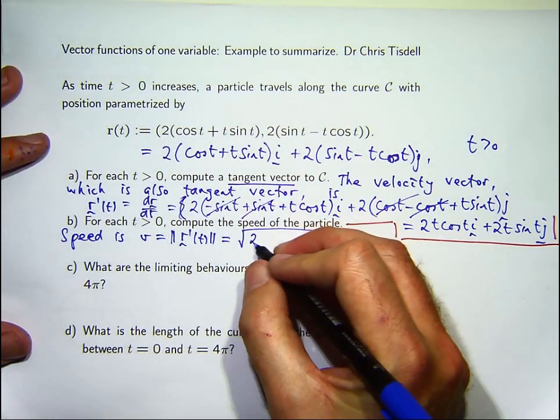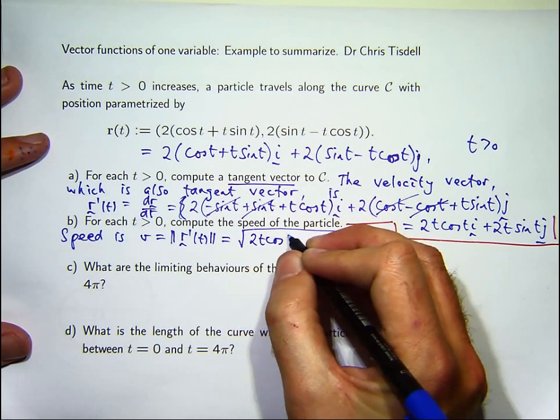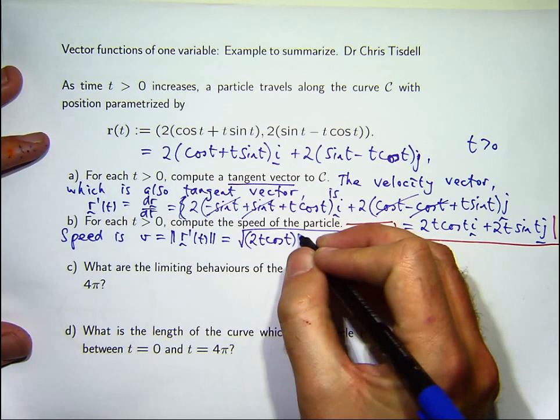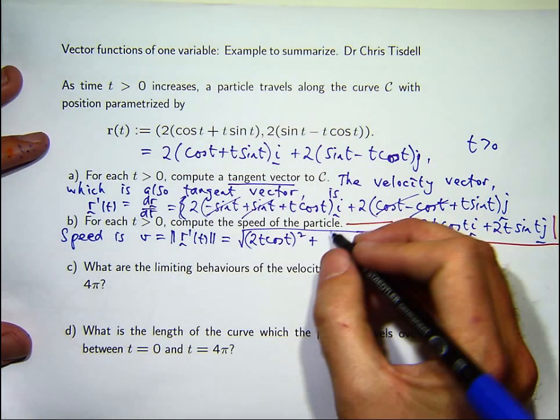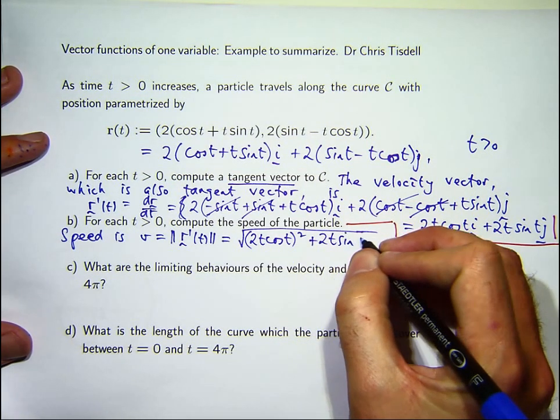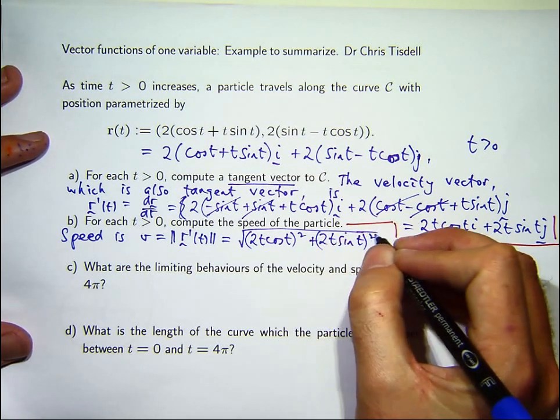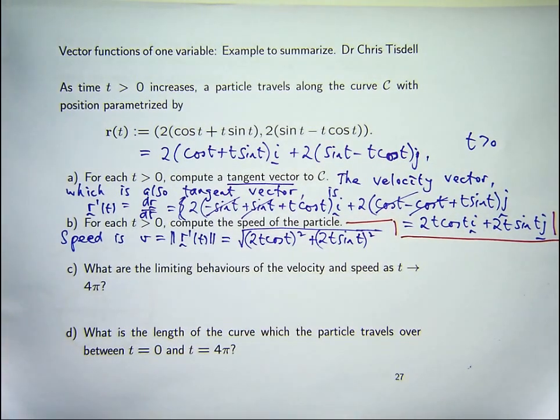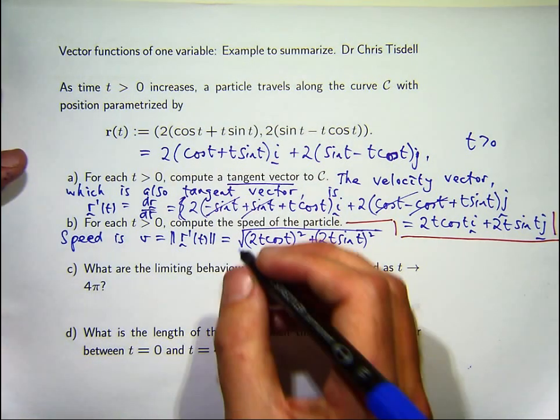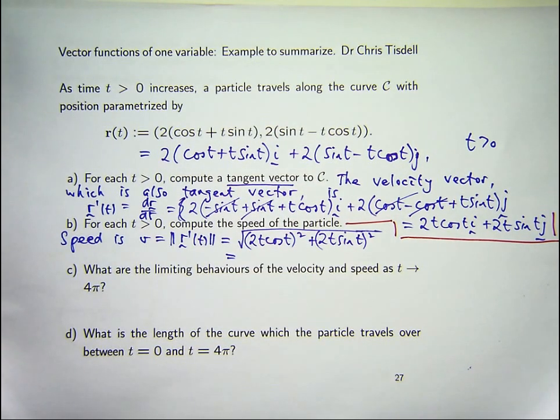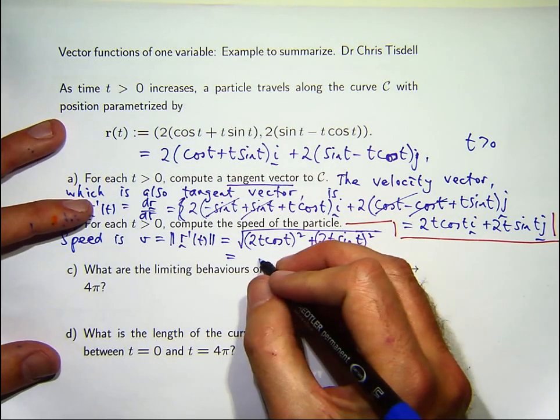I basically take the components, square each of them, add them together and take the square root. So if I square the components, add them and take the square root, I'll get something like the following. Now, can I simplify it? Well, I'm going to get a cosine squared and a sine squared and a common factor of 4t squared. So I can simplify in here, just using cosine squared plus sine squared equals 1.